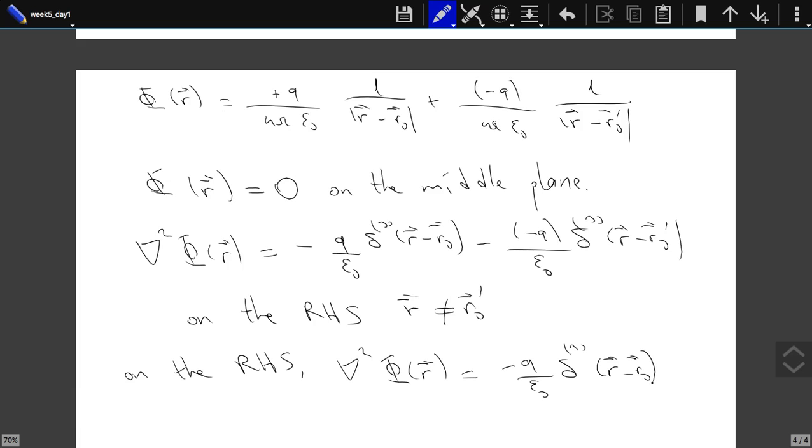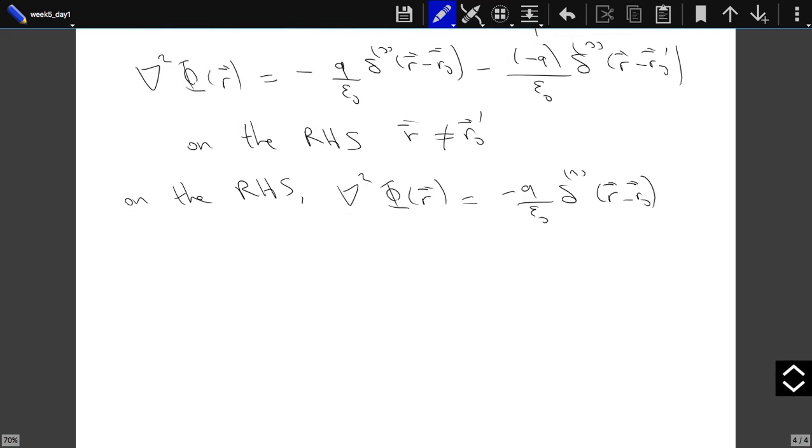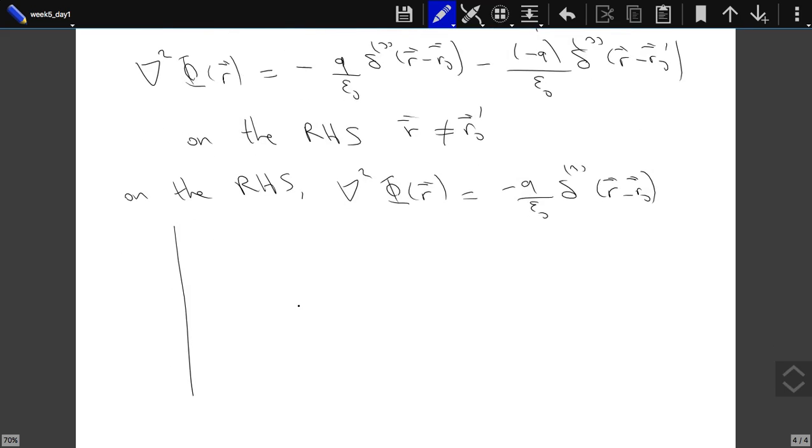So now I have these two systems. One is this one. The other one is this one. And this is the middle line. Now, in this system, we are looking for a function that satisfies the Poisson equation with a single Dirac delta in this volume with the boundary condition that it is zero everywhere.